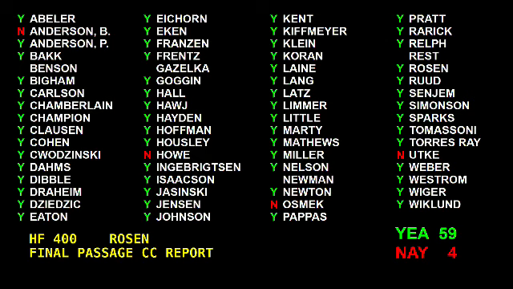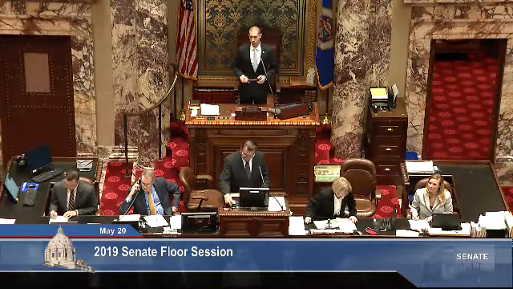All members having voted who have the desire to vote, the Secretary will close the roll. There being 60 ayes and 3 nays, the bill is passed and its title agreed to. The Secretary will read the next message.